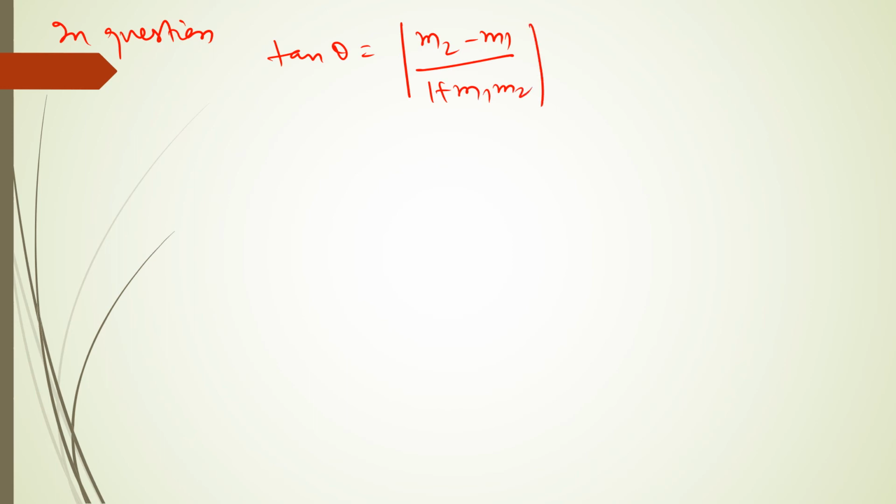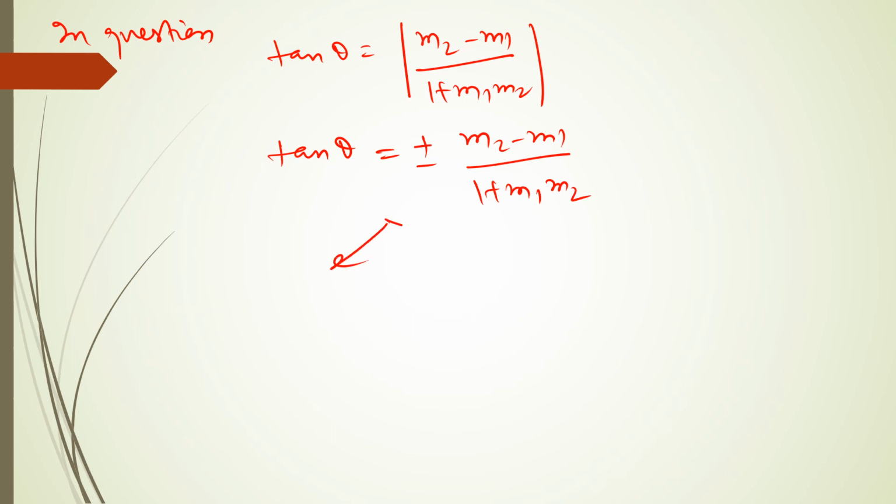So in a question, if we have to find the angle between two lines in terms of slopes, our formula is tan theta is equal to mod of m2 minus m1 upon 1 plus m1 into m2. To remove the mod, we take tan theta is equal to plus or minus of m2 minus m1 upon 1 plus m1 into m2.